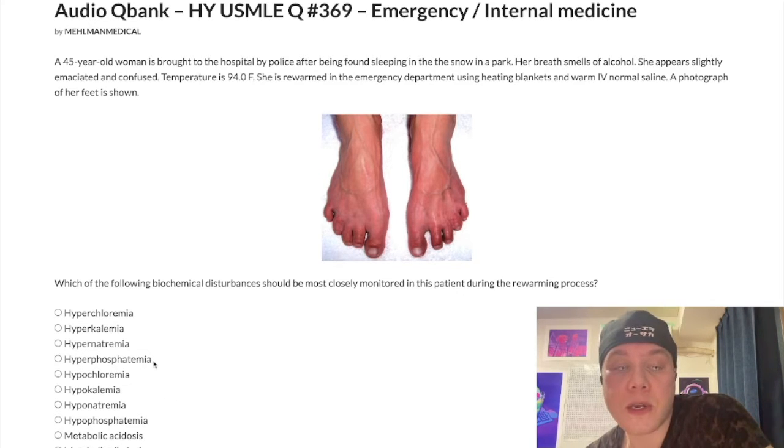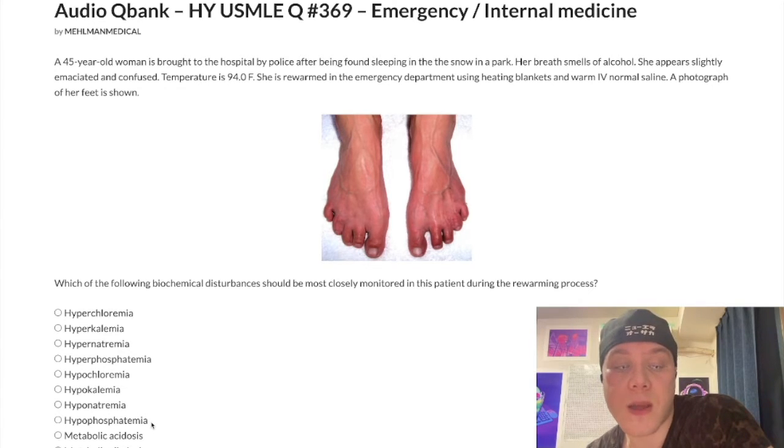Hyperphosphatemia can be seen not only in the setting of hypoparathyroidism, we can also see it in secondary hyperparathyroidism due to renal failure. We can also see high phosphate in the setting of tumor lysis syndrome, okay? Hypophosphatemia is refeeding syndrome. That's a weird one, okay? But especially high yield on Step 2 CK.